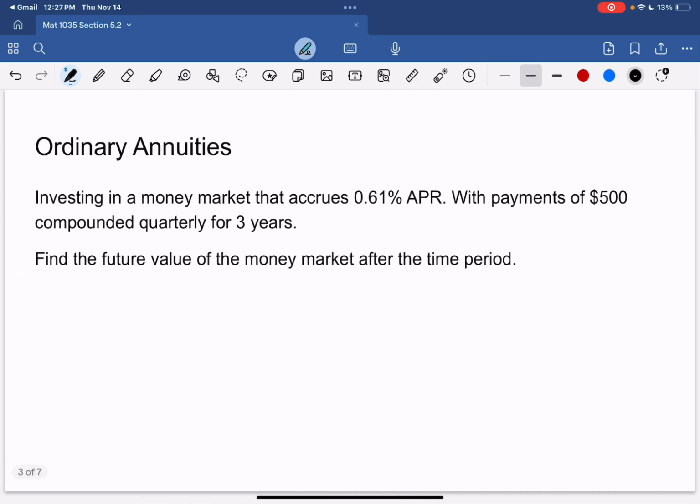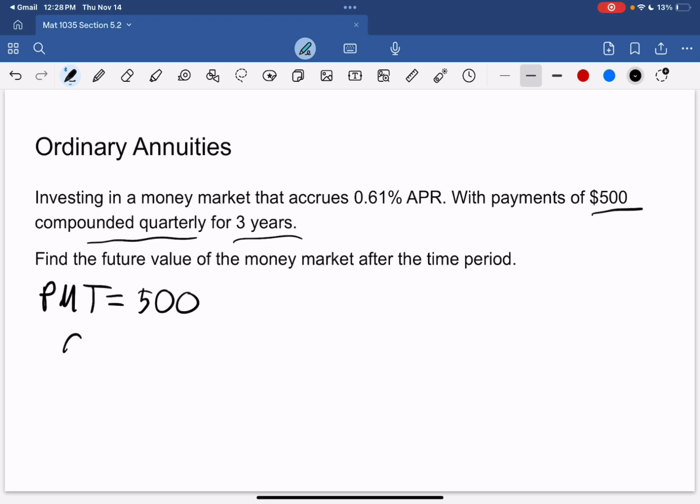All right, so let's do an example of that. So investing in a money market that accrues 0.61% APR with payments of $500, and we're compounded quarterly for 3 years. Okay, so I just want to make sure I write down all the information I need. So my payment is $500.